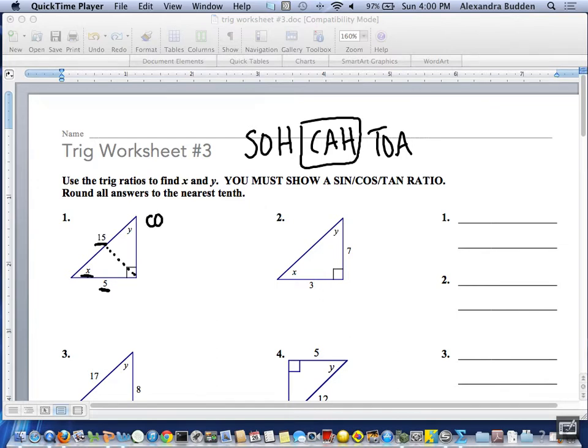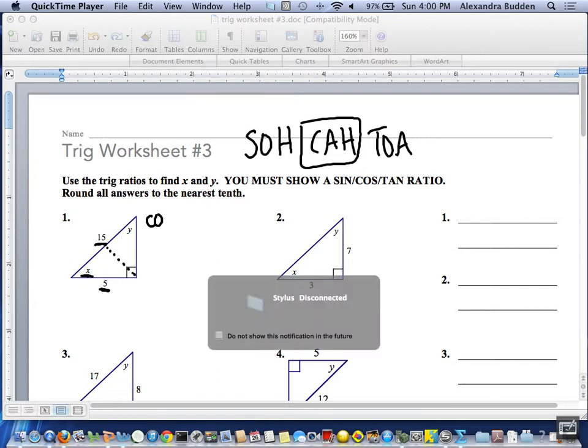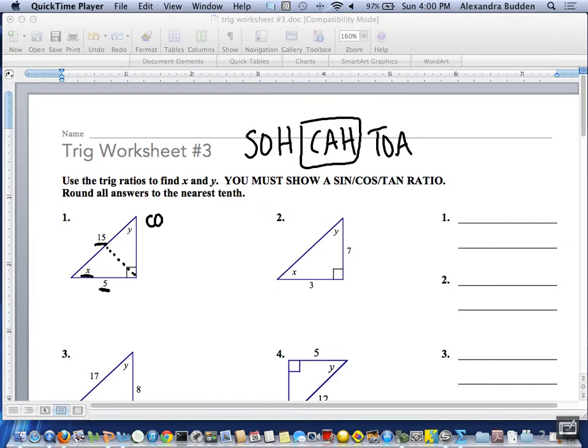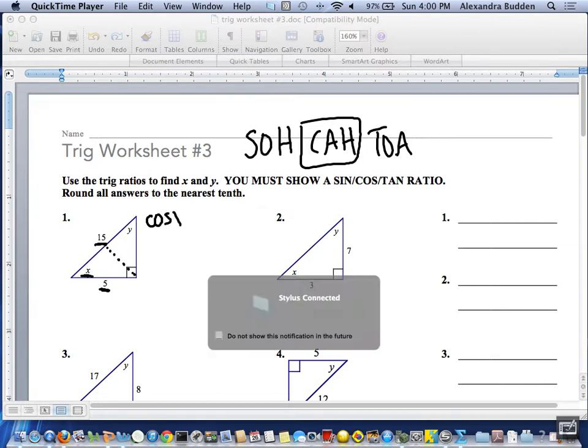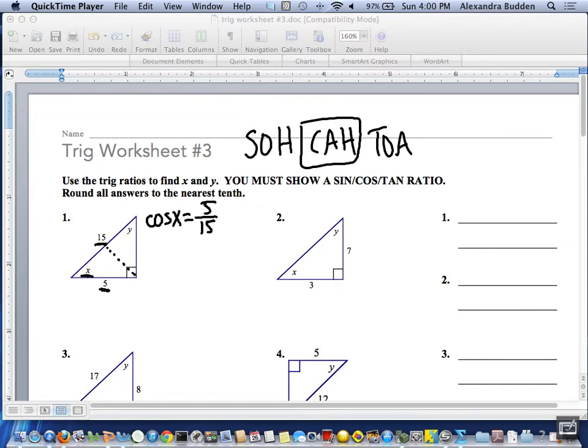So I have the cosine of angle x is equal to, the adjacent is 5, the hypotenuse is 15. We can simplify that, don't even bother though. I want to get this x though, so I need to get rid of that cosine somehow.